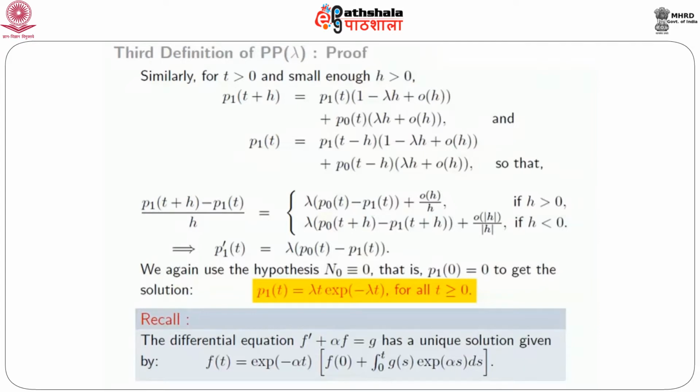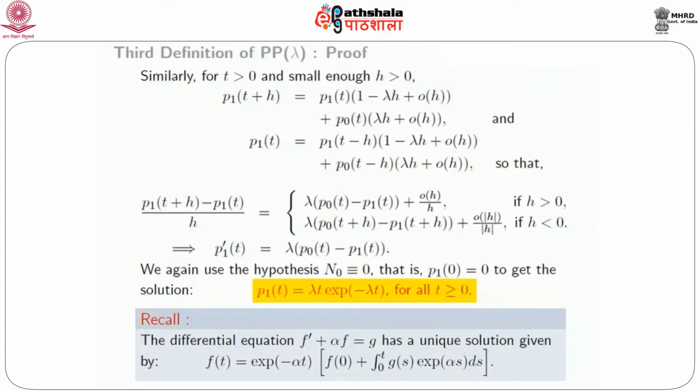Now this is easily obtained by multiplying both sides of the original differential equation by e to the power alpha t, and then seeing that the left hand side becomes just the derivative of the product e^(alpha t) f, and from there you can find this solution.